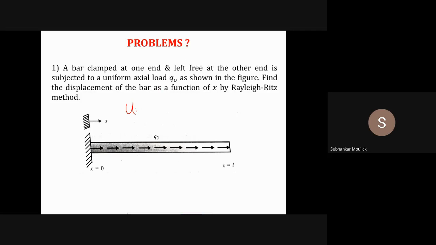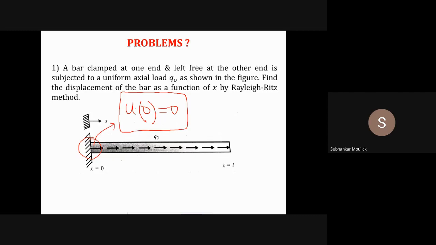So displacement u(x) is equal to 0 when x is equal to 0. This is the essential boundary condition of the problem at this particular point. Is it clear? Yes, sir. Clear.